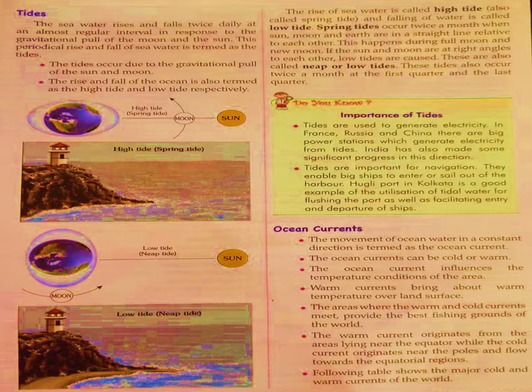Here you can see in the picture the high tide and the low tide. High tide is also called spring tide and low tide is also known as neap tide.